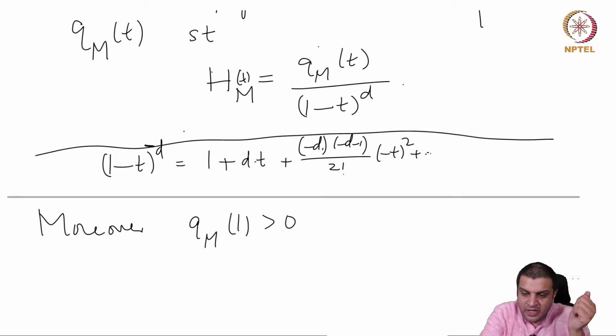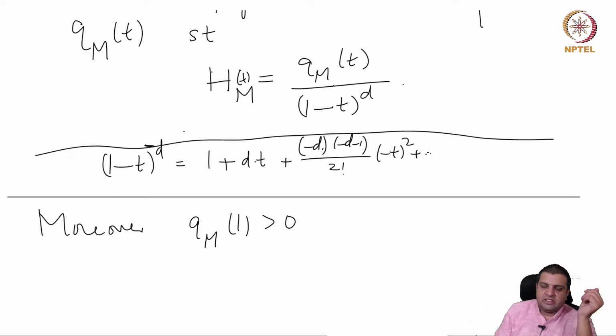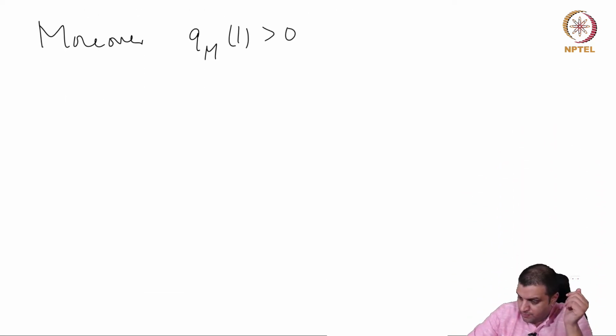In other words, we can't factor out 1 minus t from it again. Because if this were 0, then Q_M(t) would itself be (1 minus t) times something else, and 1 minus t would cancel one more term. So it says we cannot factor 1 minus t from it anymore.